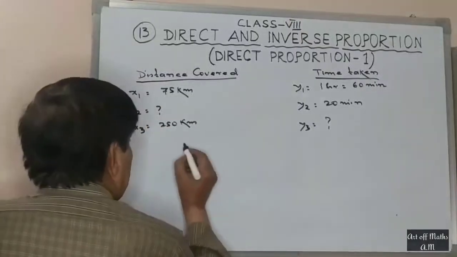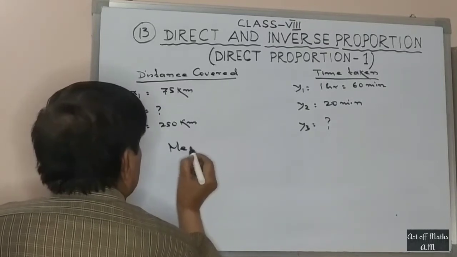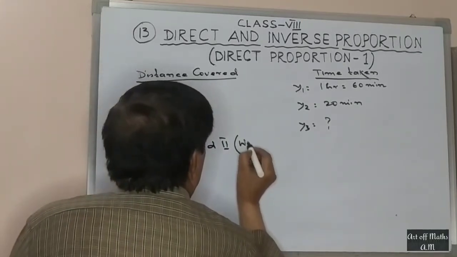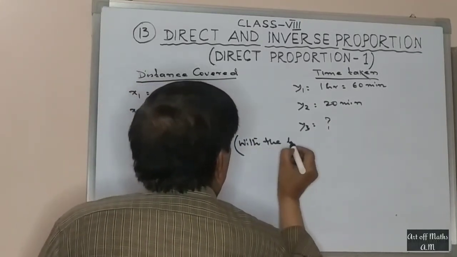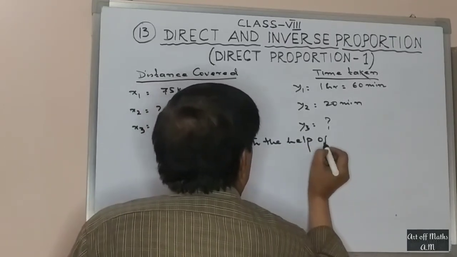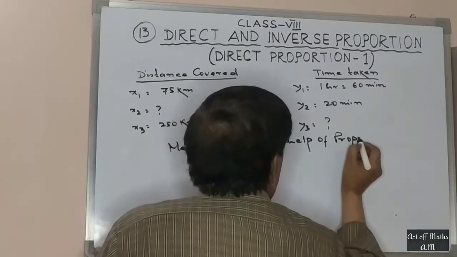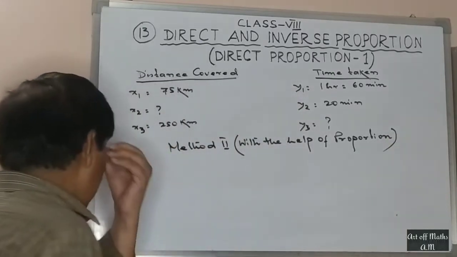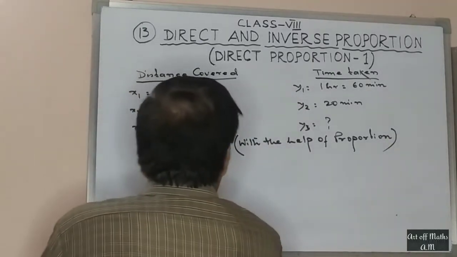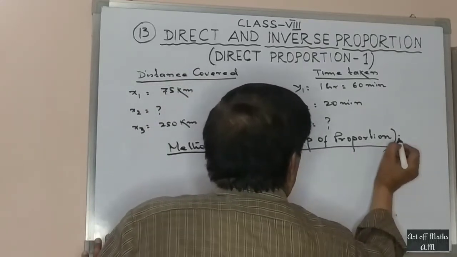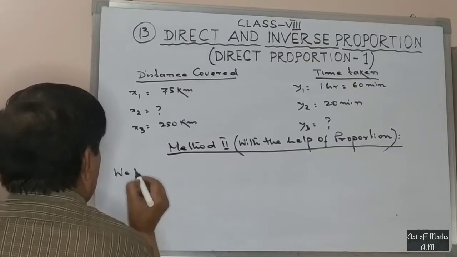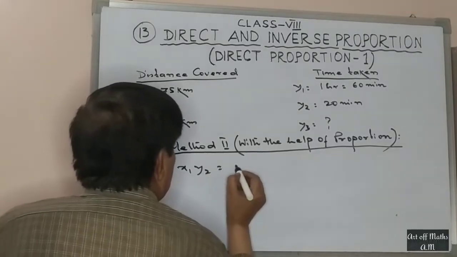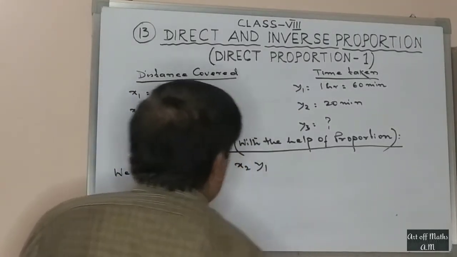Now coming to the second method, with the help of proportion. We know x1 y2 equal to x2 y1.